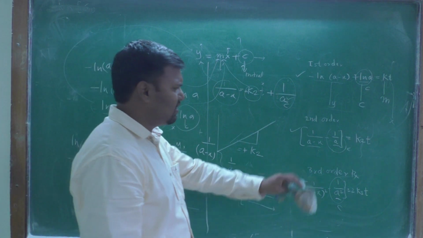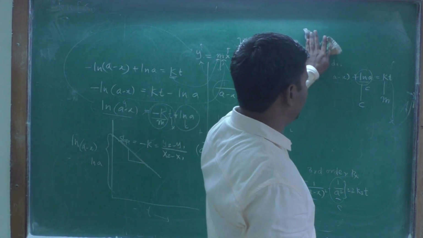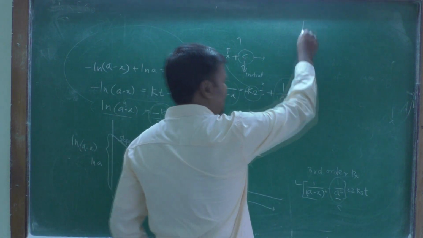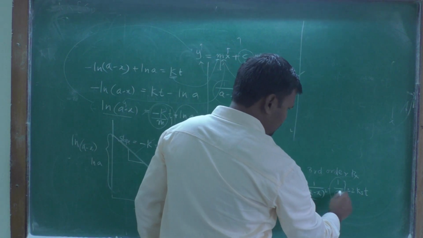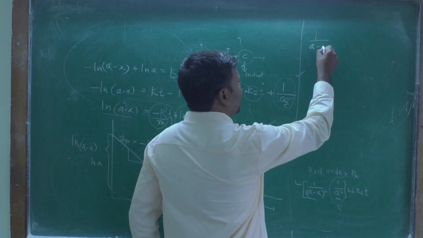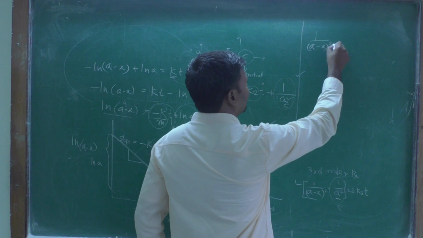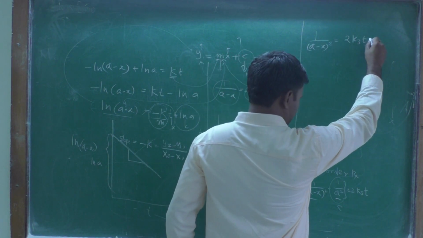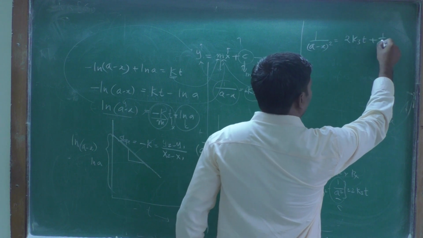Then third, we have to predict the graph for the third order reaction. We have the equation; by putting this value to this side, you will obtain 1 upon A minus X square is equal to 2K3T plus 1 upon A square.